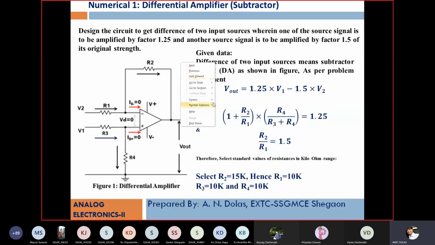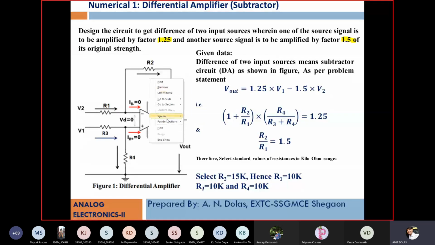So of course you may note down the circuit diagram now because I have a lot of time. Similar here, these are the two factors. Are they the same? Yes. Then this is the circuit diagram wherein V1 is connected to positive and V2 is connected to negative. There are four resistances R1, R2, R3 and R4.